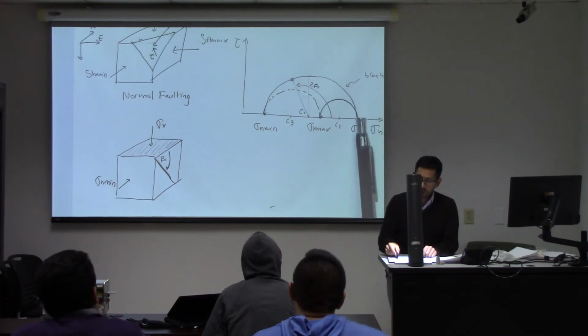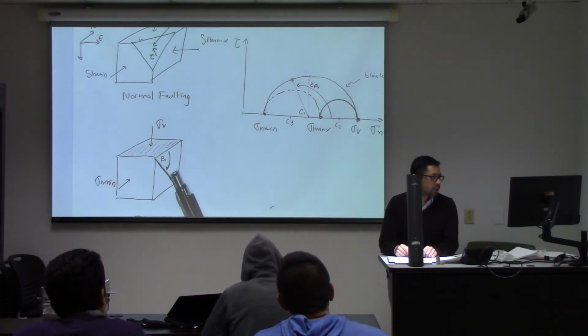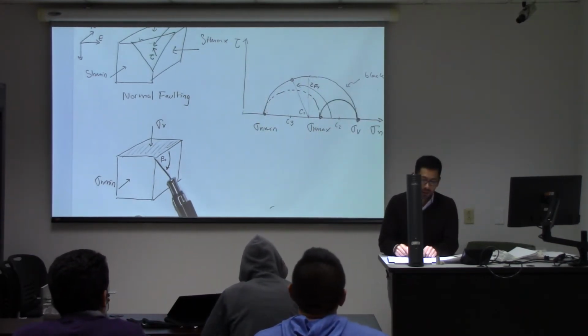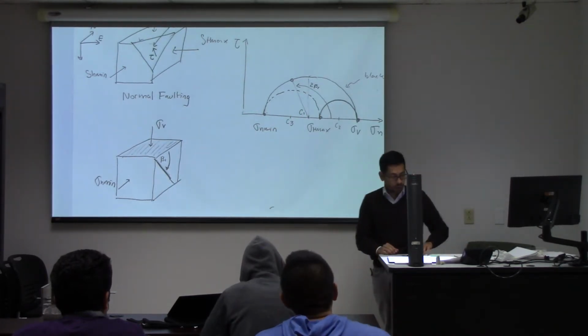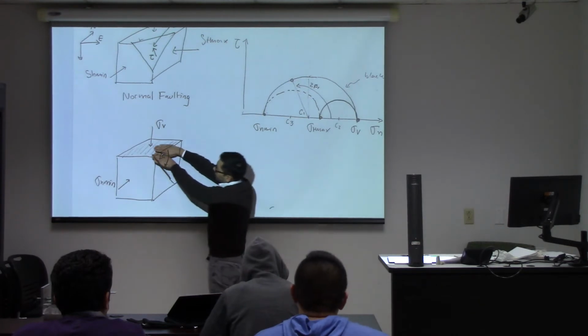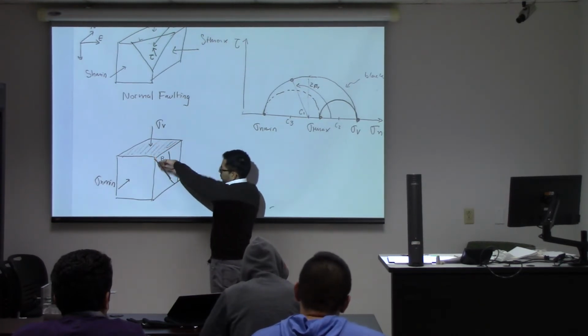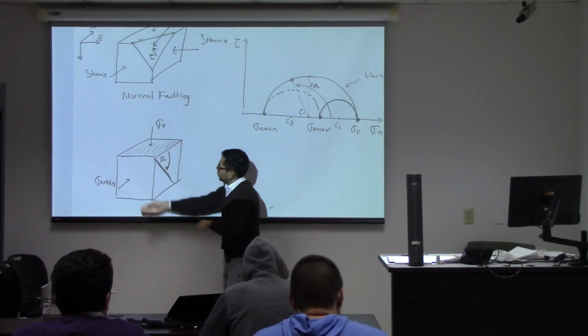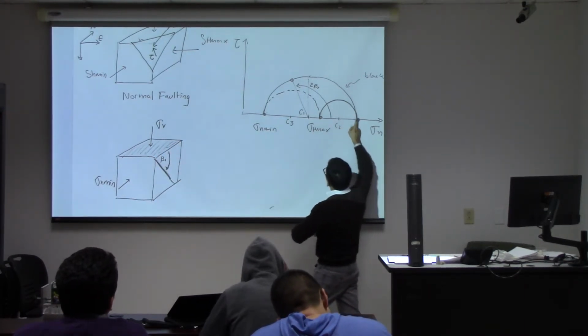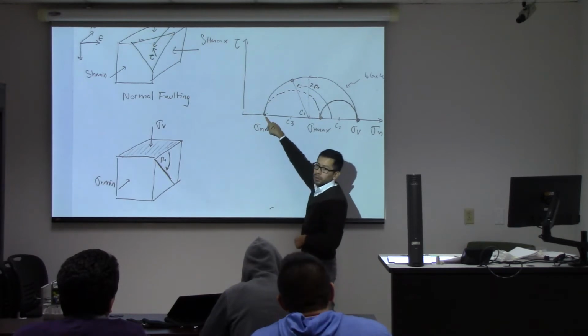And any point in that top circle is a plane that goes from sigma v, so it's a plane like this, from sigma v towards sigma h min. And as I go from here to there in the circle, I go from here to over there.